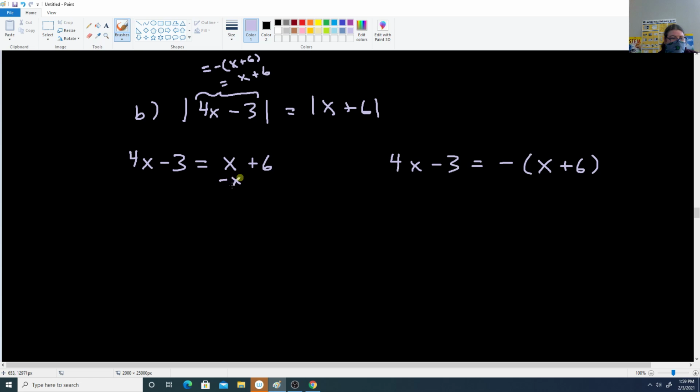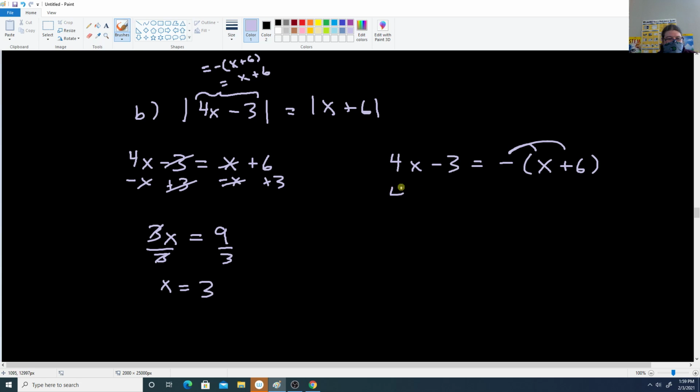So now I need to start solving for x. I'll subtract x across, add the 3 on over. 4x, take away an x is 3x. 3x equals 9. We'll divide by 3. And I'll say x is 3. Over here, I let the negative distribute.